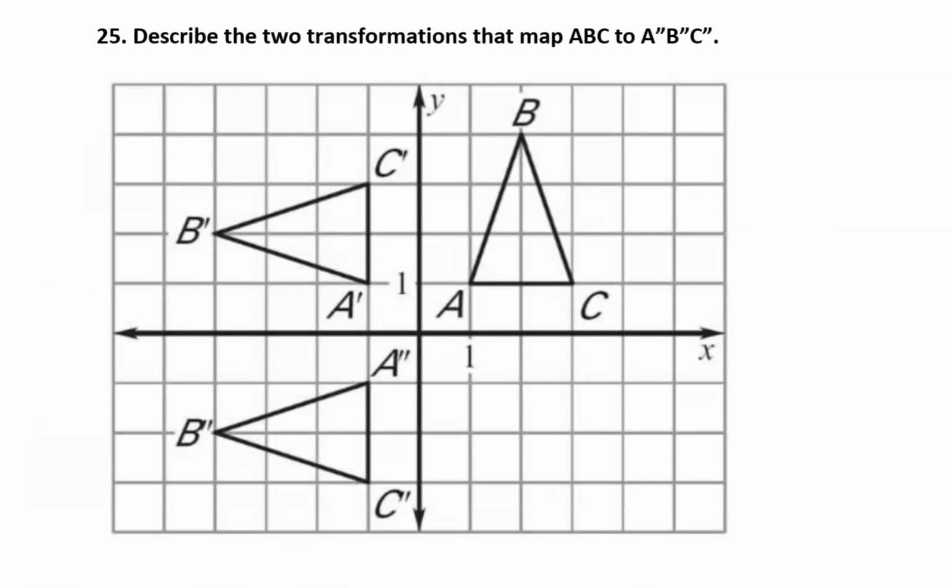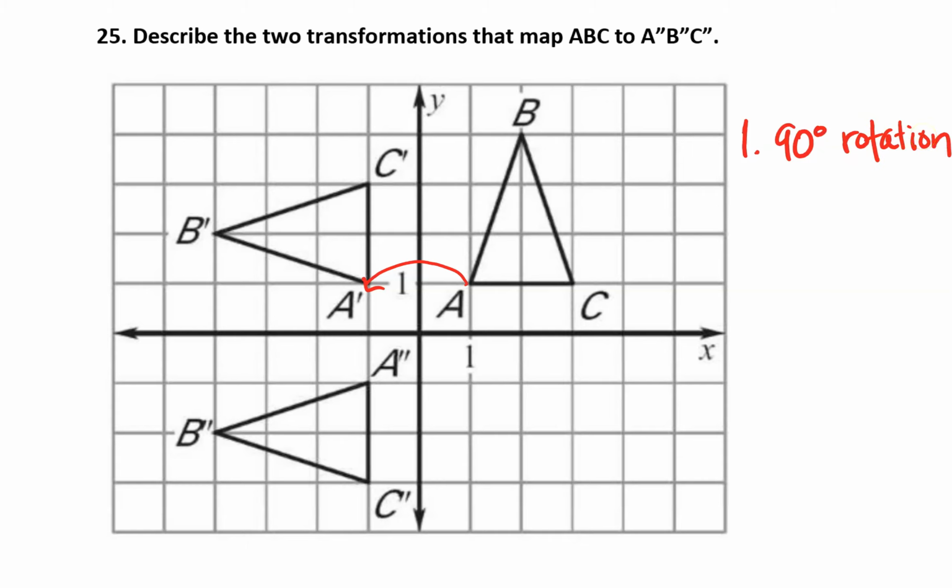All right, this is just 2 transformations in one. So the first one looks like a rotation. A went from here to there. B is going from there to there. So number 1 is a 90-degree rotation.